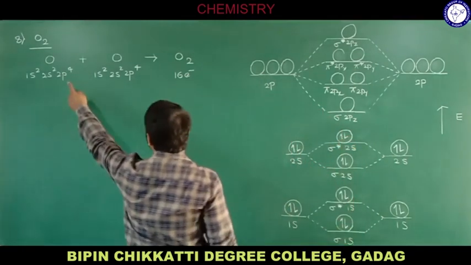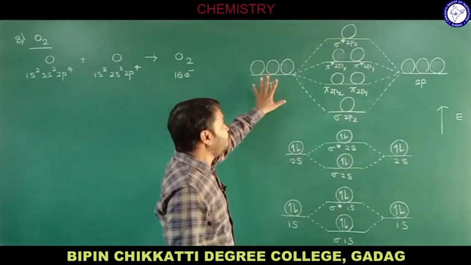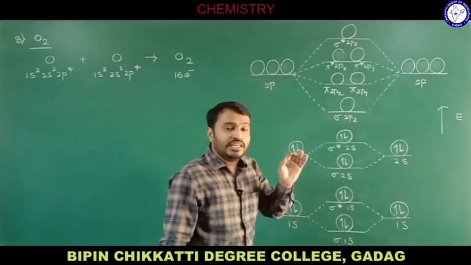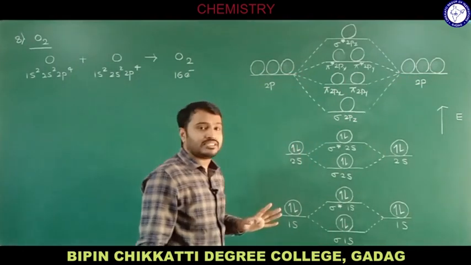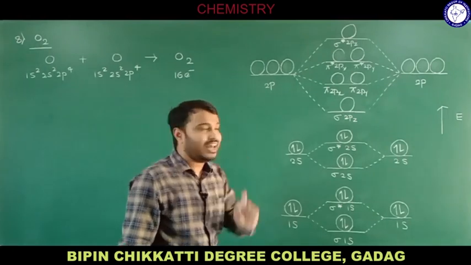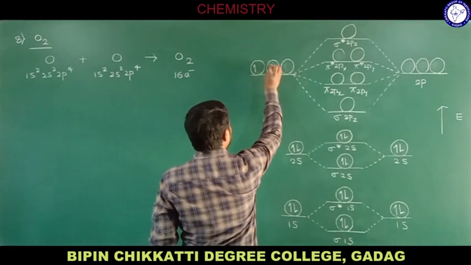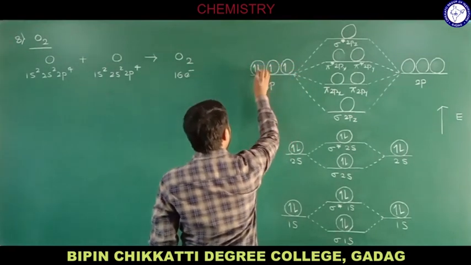Now we'll come to 2p4 and 2p4. Here 4 electrons I need to represent and here 4 electrons I need to represent. You need to follow Hund's rule. Pairing of electrons starts after each atomic orbital is filled with 1 electron each. So 4 electrons we have, so I write 1, 2, 3 and the 4th one, now the pairing starts, therefore the 4th one I write here.